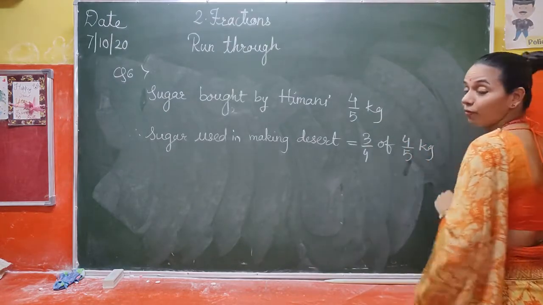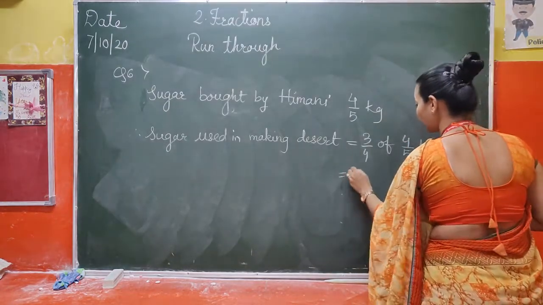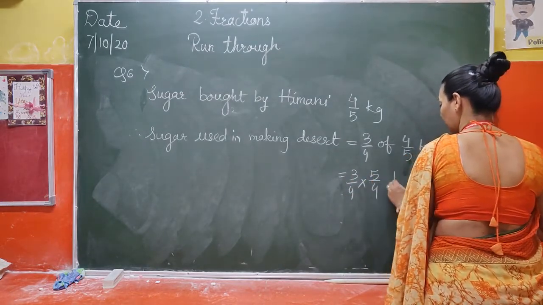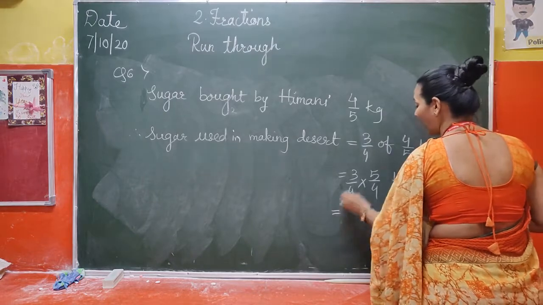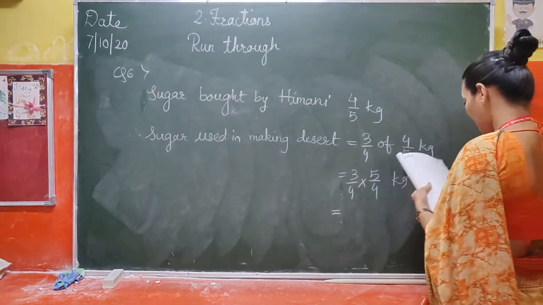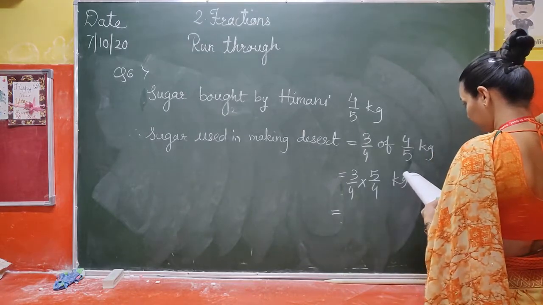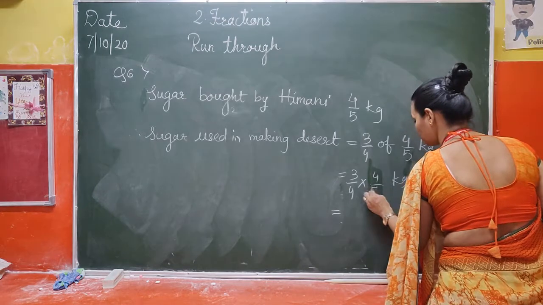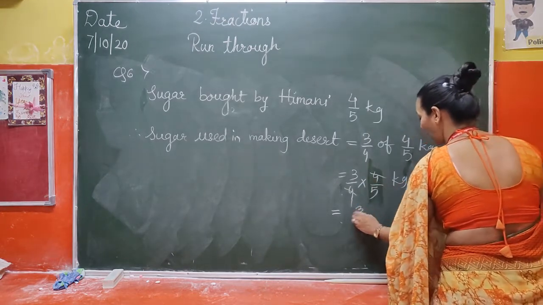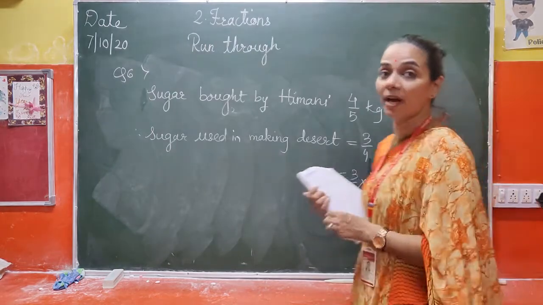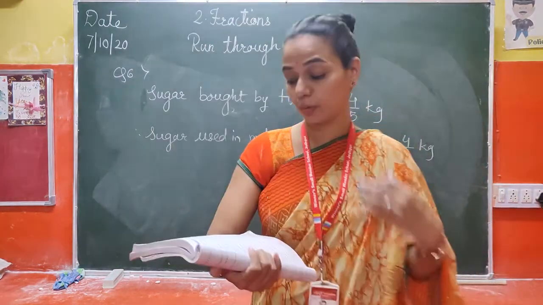Right? 3 by 4 of 4 by 5 kg, that is 3 by 4 multiplied by 4 by 5 kg. So what will I have? Is there any number that you can cut? No, there cannot be any number that can be cut. So I have 3 by 5 kg. So the sugar used by Himani to make dessert is 3 by 5 kg.